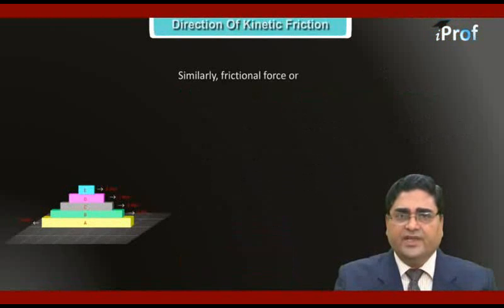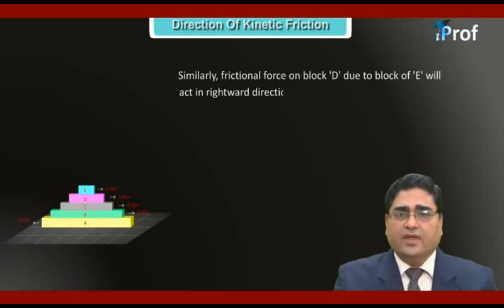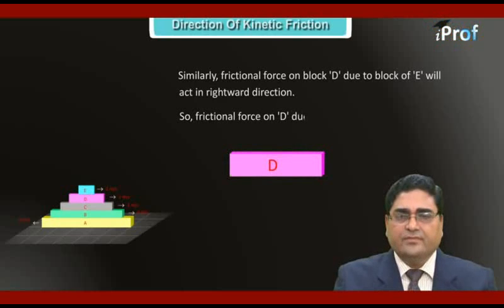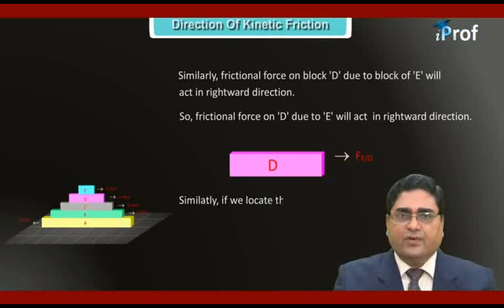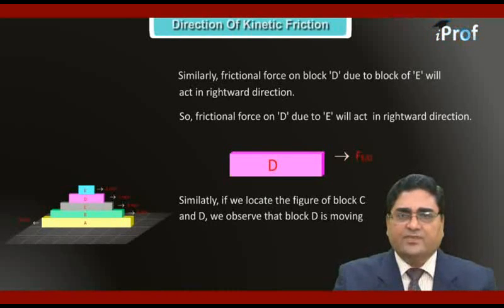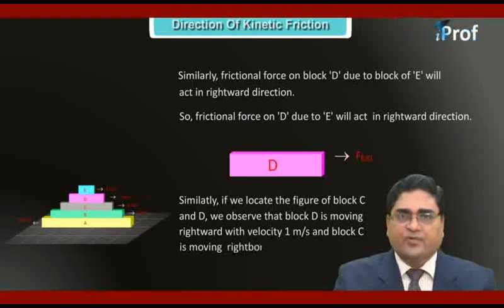Similarly, frictional force on D due to block E will act in rightward direction, because block E will have a tendency to increase the speed of block D. So frictional force on D due to E will act in rightward direction. Similarly, if we look at the figure of block C and D, we observe that block D is moving rightward with velocity 1 meter per second and block C is moving rightward with velocity 3 meter per second.